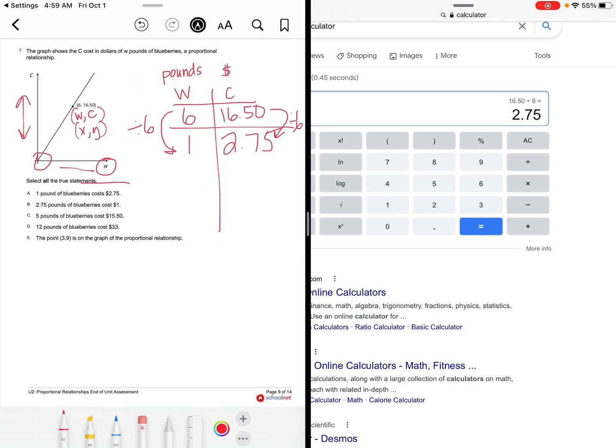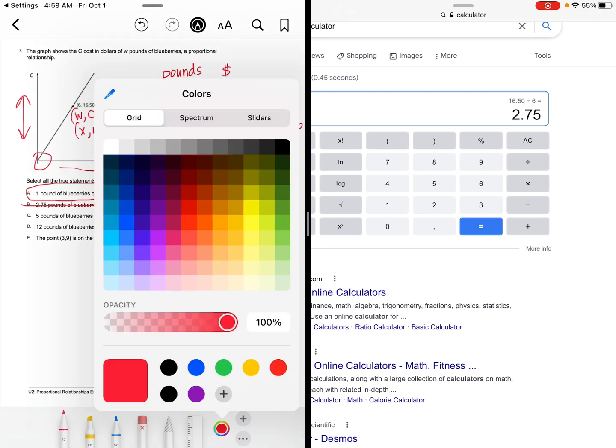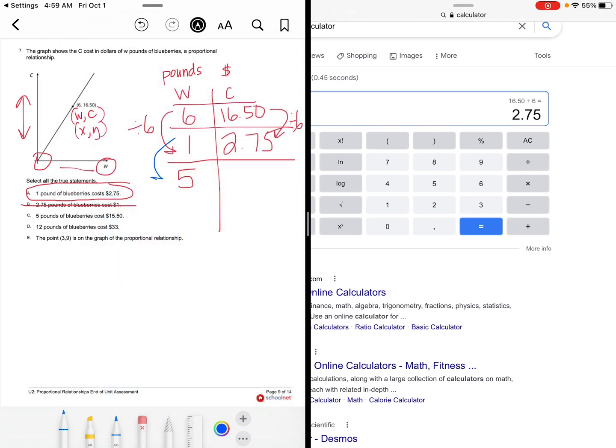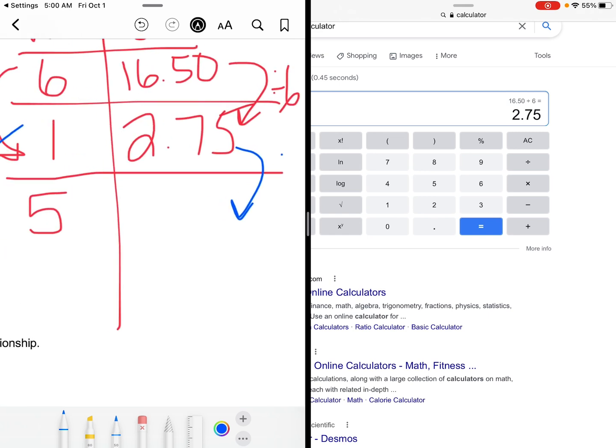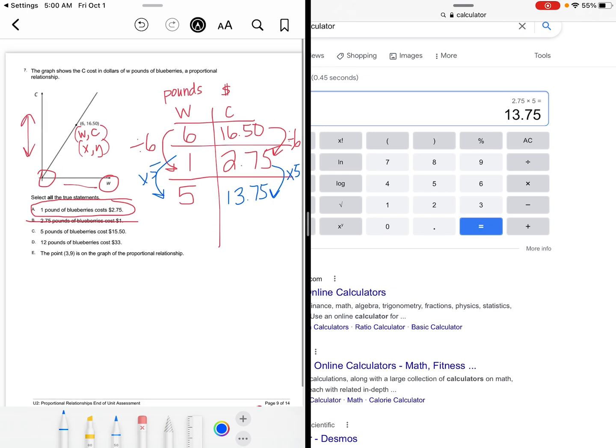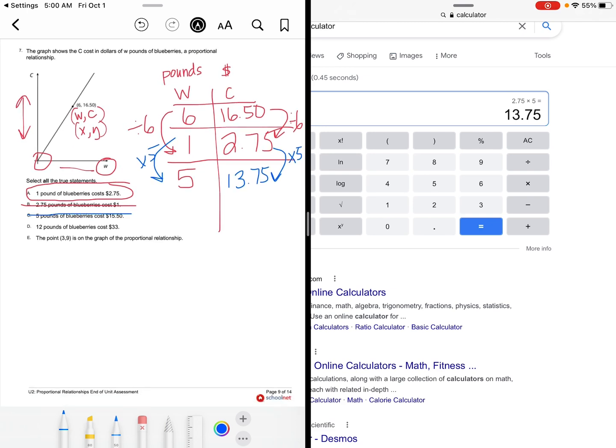So 1 pound of blueberries does cost that. 2.75 pounds of blueberries does not cost $1. 5 pounds of blueberries cost $15.50. Well, let's try it. I get 13.75. So I know that's not true.